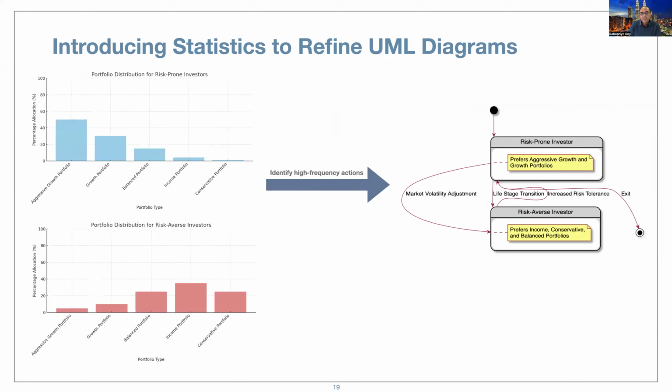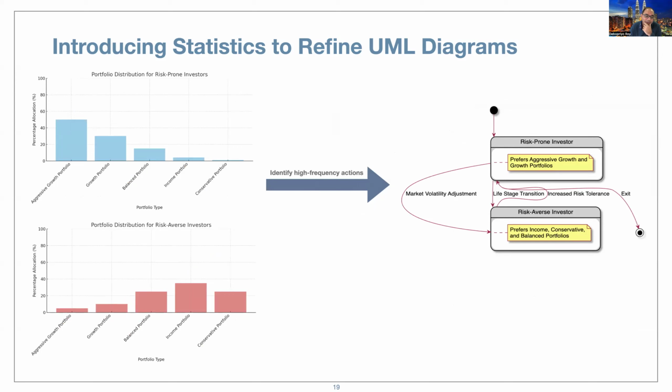All right. Okay, so the next thing is a similar thing. You identify the high frequency actions in terms of the aggressive growth. So the first case is showing a risk-prone investor and the actions that a risk-prone investor is likely to take. The next diagram is showing a risk-averse individual investor and how they are accessing various pages.